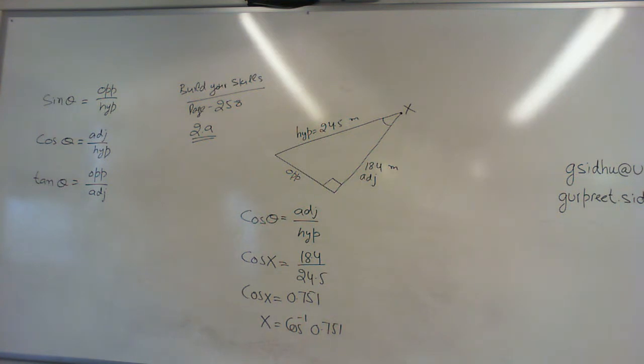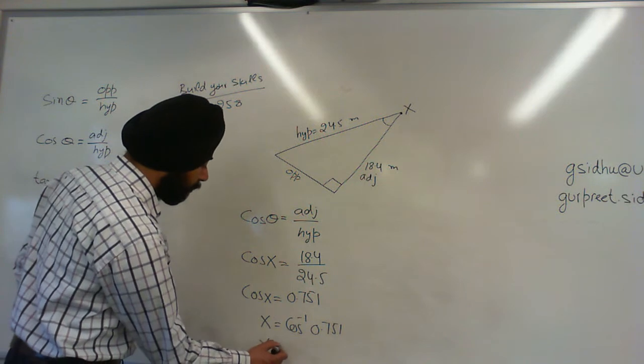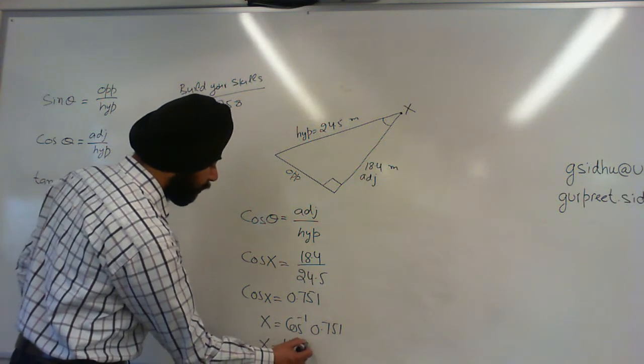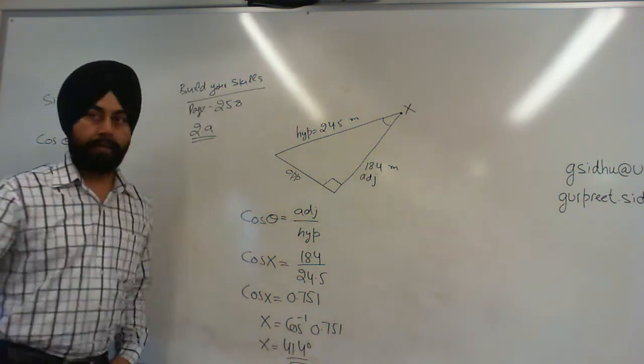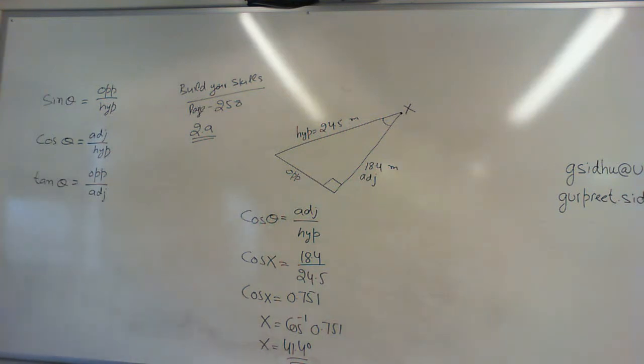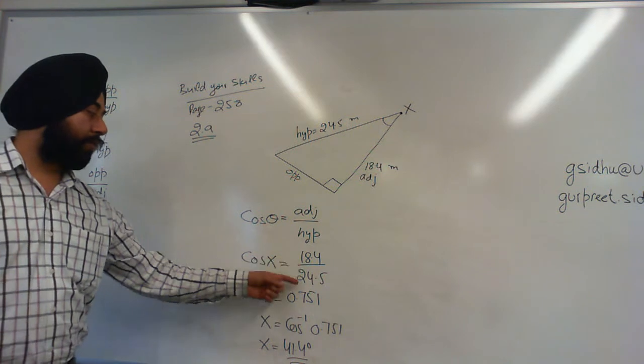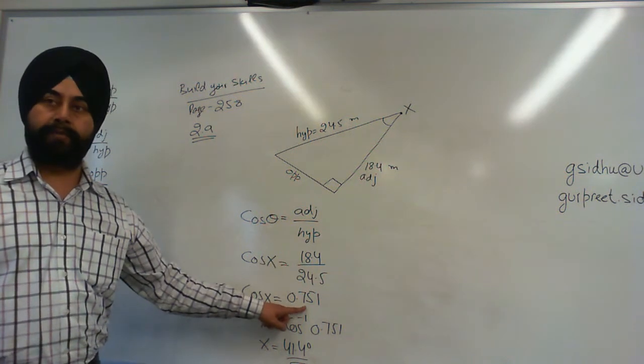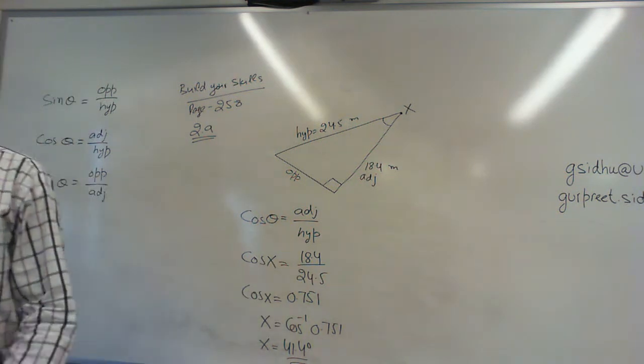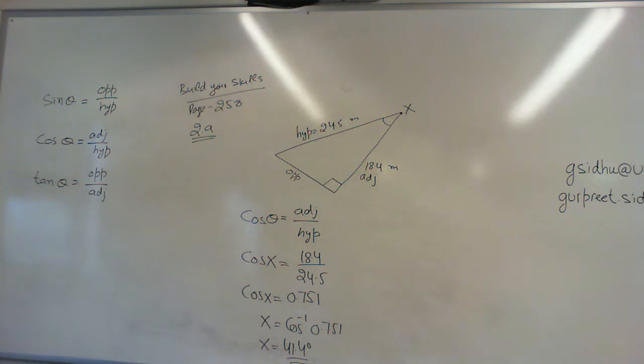How many degrees? 41.4. I'm relying on you, 41.4 degrees. Is that what you got, Corey? 41.3. Wow, because you used this division, you didn't round off the numbers, that's why your answer is a little bit off, but this is still the right answer.